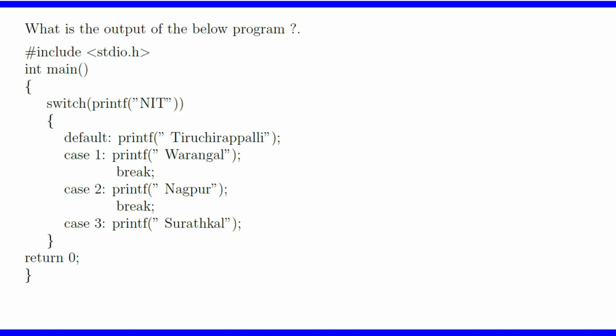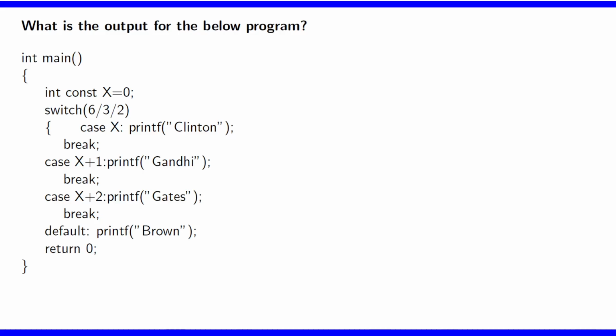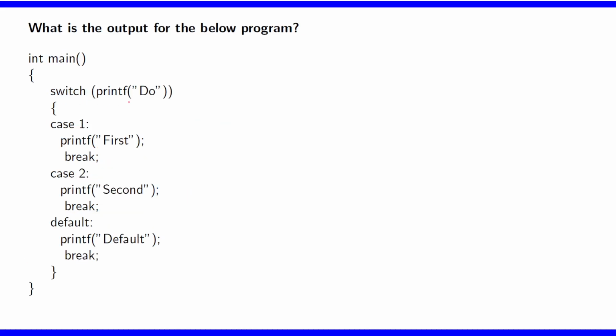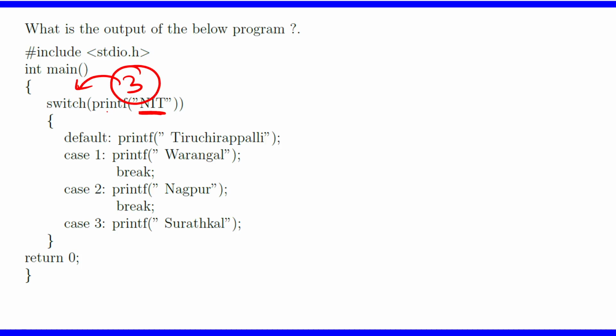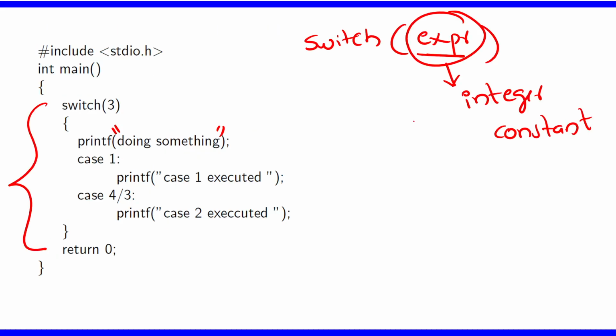If you see something like this printf, this printf will return a number 3 to switch. It is ultimately giving me an integer number. Yes, we have seen this problem yesterday. Printf is printing 2 characters, so this printf will return a number 2 to the switch. So it should generate me an integer constant.